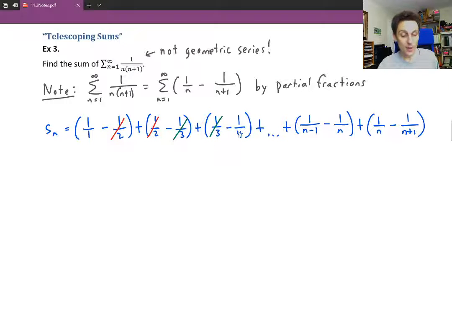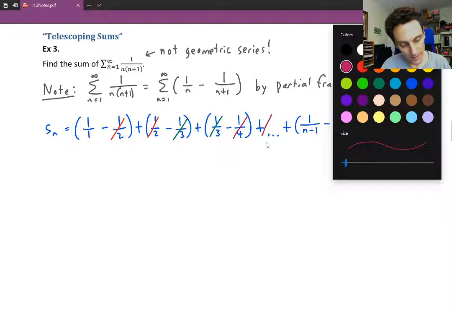Notice that you're going to have a minus 1/4 as the second term inside this parenthesis, and then there's going to be a positive 1/4 as the first part of the next term. So there's going to be a minus 1/4 and a plus 1/4 that'll cancel here. And all the middle terms are going to cancel, right?